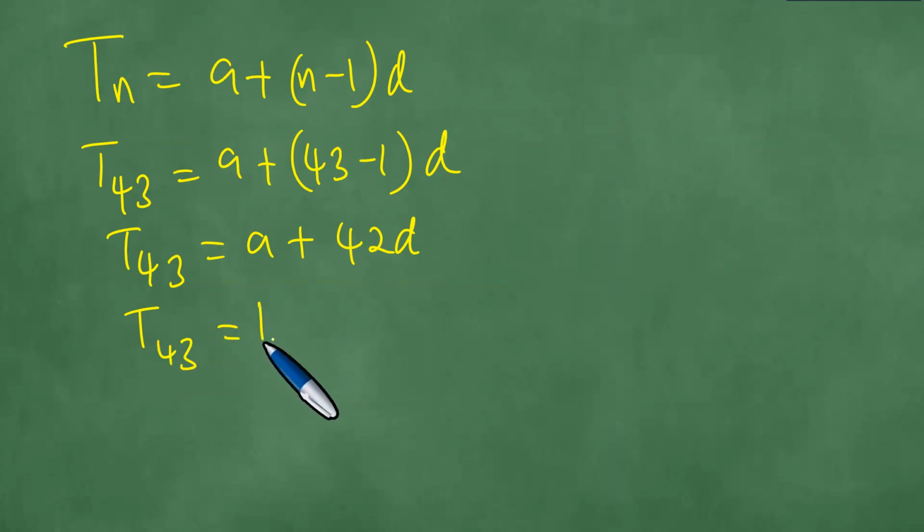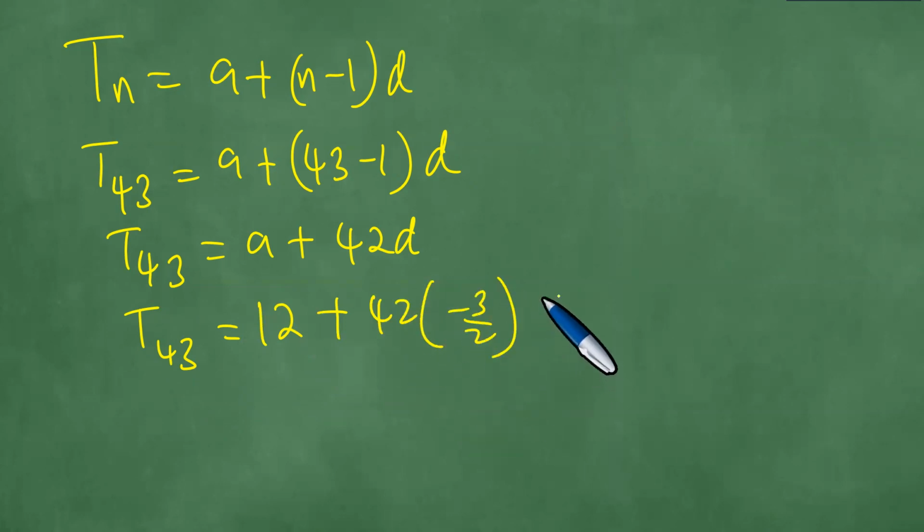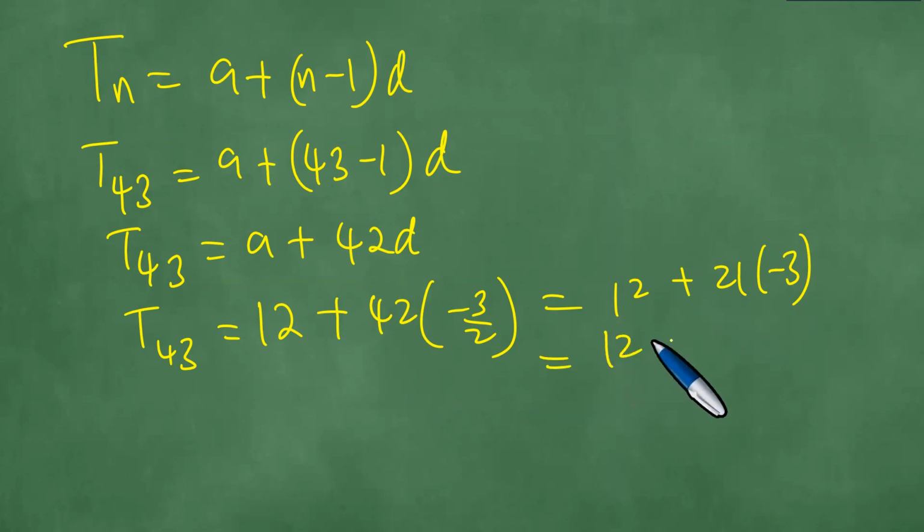So what did we get the first term to be? It was given to be 12. What is the common difference? We got it to be minus 3 over 2. You divide 42 by 2, what do you get? You get plus 21. So which is 12 minus 63. What is 12 minus 63? It's minus 51.